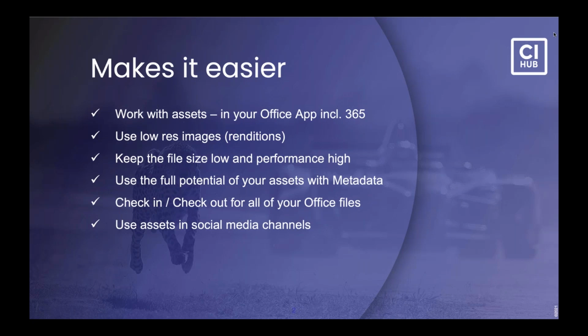You can lock and unlock files. You can use the metadata, and with the automatically created low-res renditions and the automatic conversion into JPEG, it's very easy to drag and drop the assets into your social media campaigns where you always need a JPEG file.